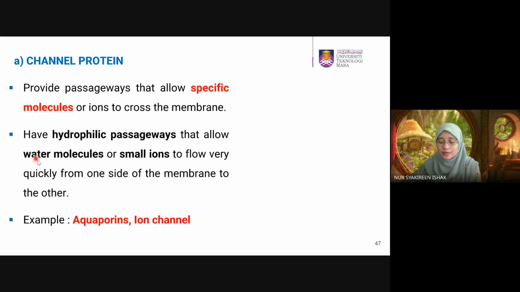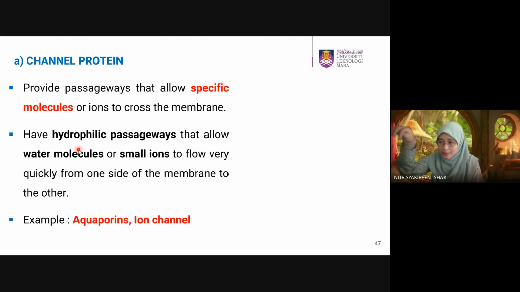Same goes for water molecules. Water molecule is special because it can diffuse across the phospholipid bilayer, but the movement of water molecules crossing the phospholipid bilayer is really slow. Why? Because water is a polar molecule.